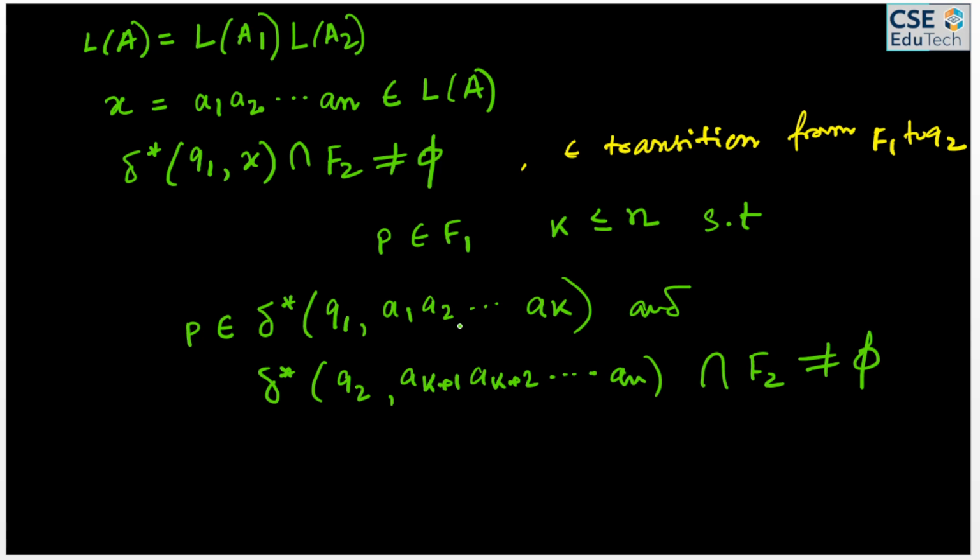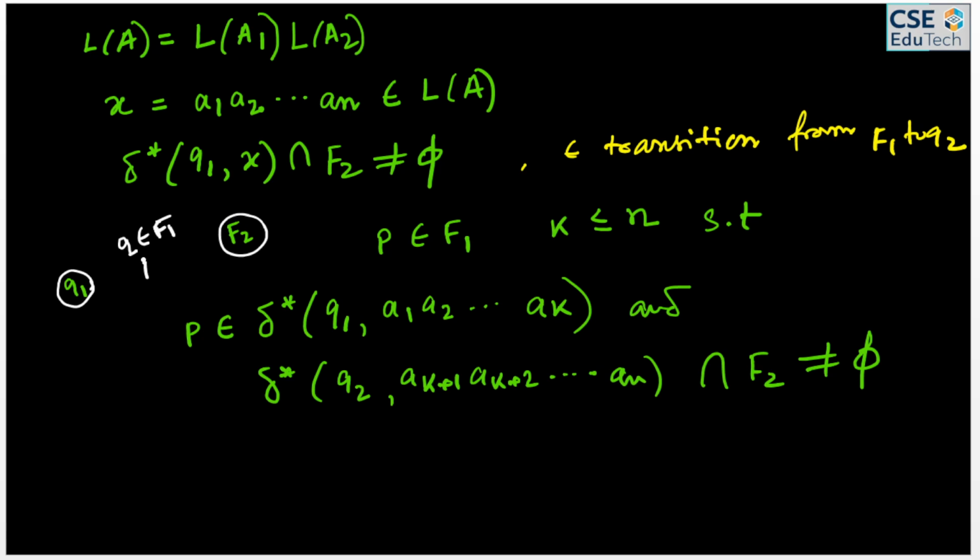What is the actual meaning of this? It means that while we are traversing this X from Q1, we have to reach some state of F2. So there exists some state q which belongs to F1.